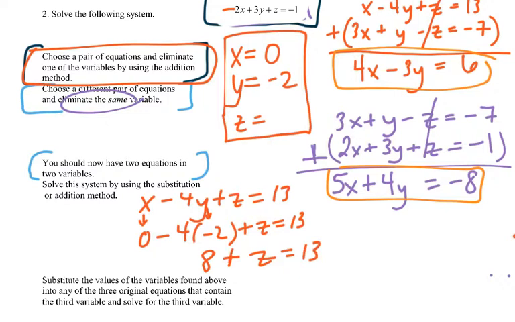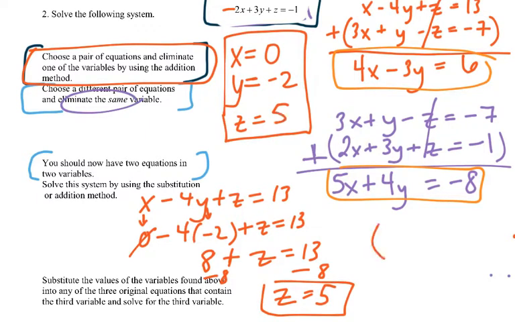I can lose the 0 there because it's 0. I could just start from the negative 4 times negative 2. So I'm going to subtract 8 from both sides, and I get that z equals 5. So I have my ordered triple for my solution as 0, negative 2, and 5.